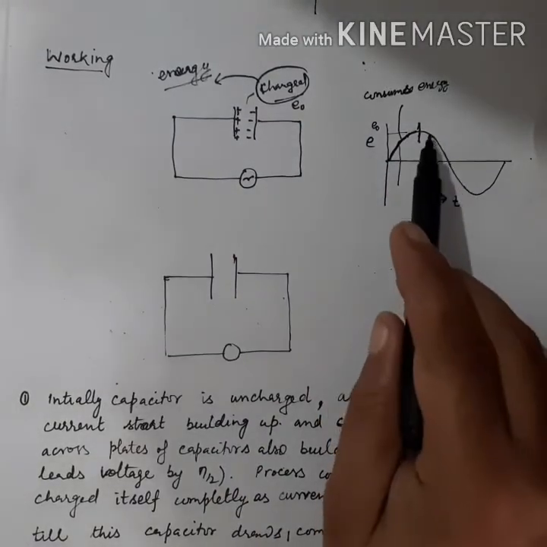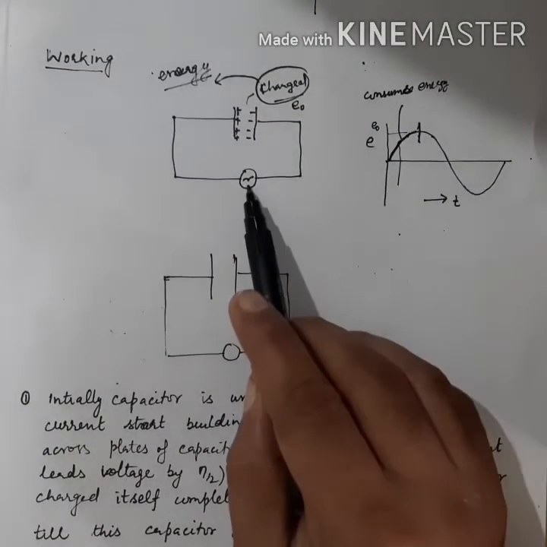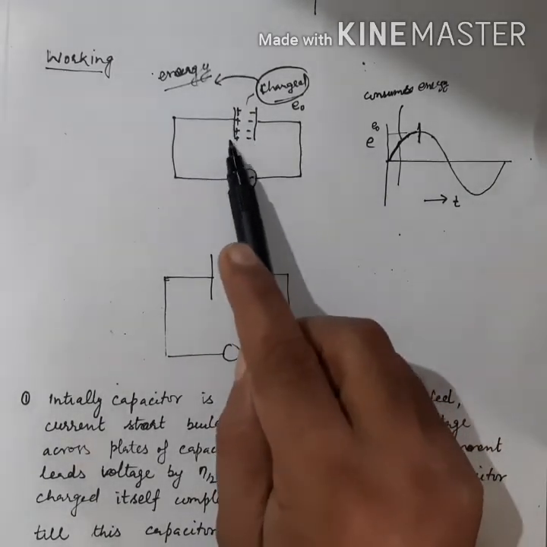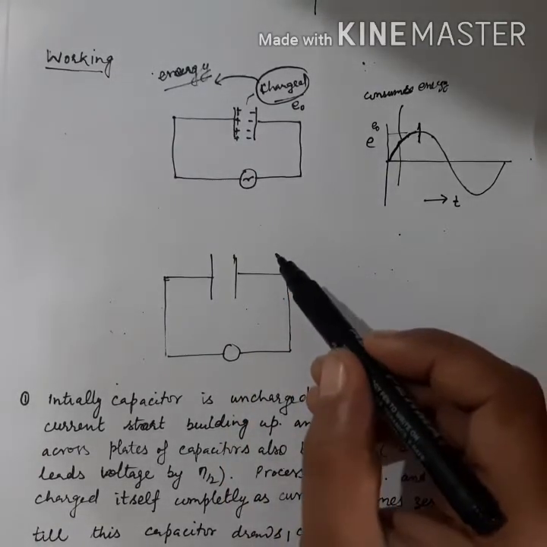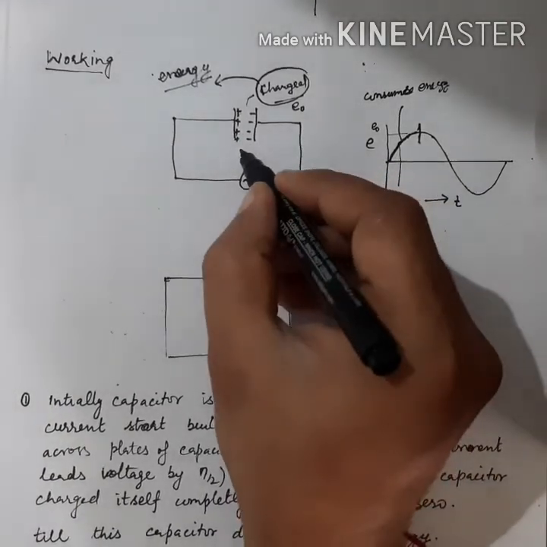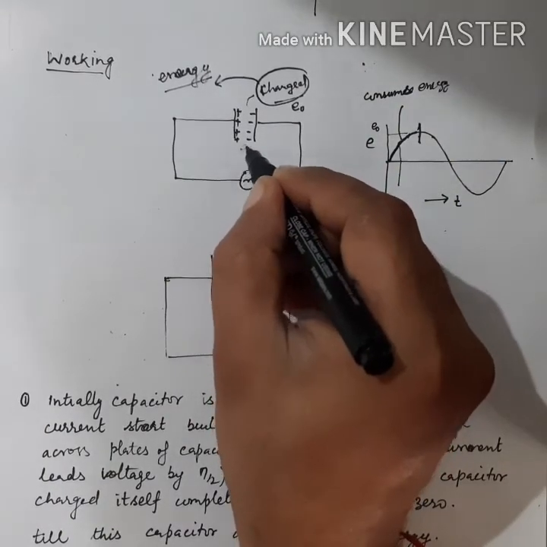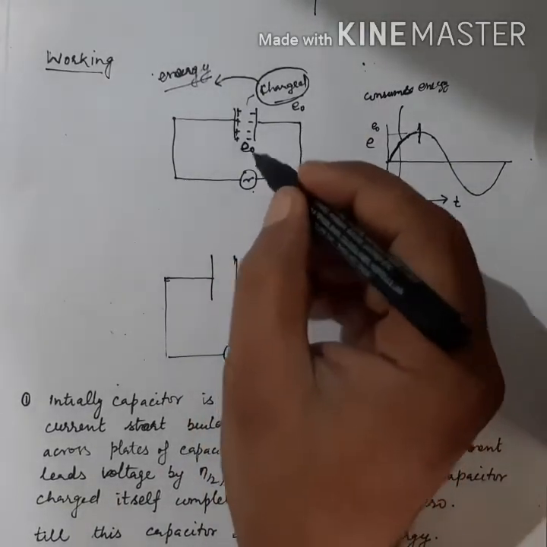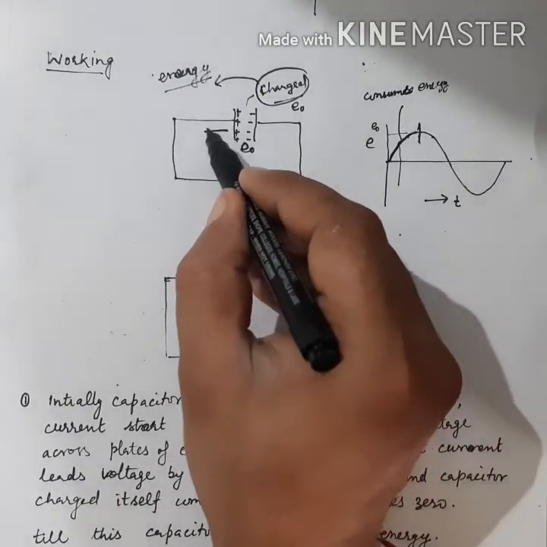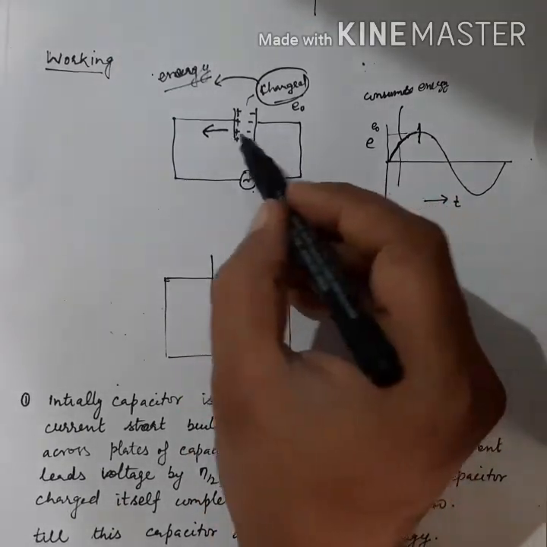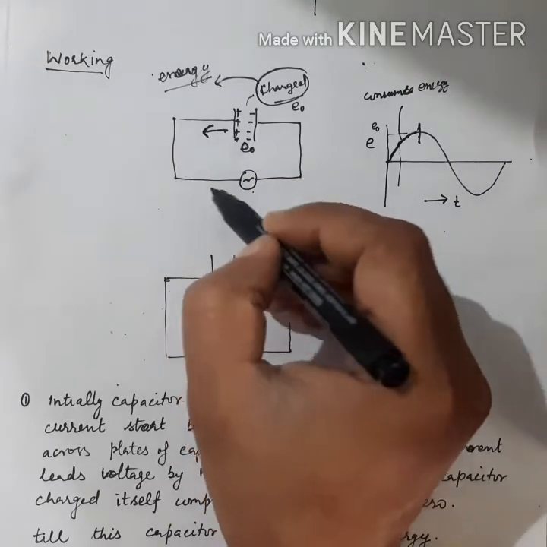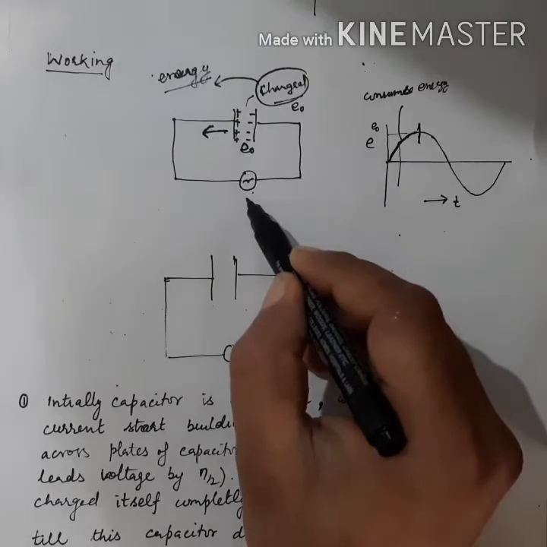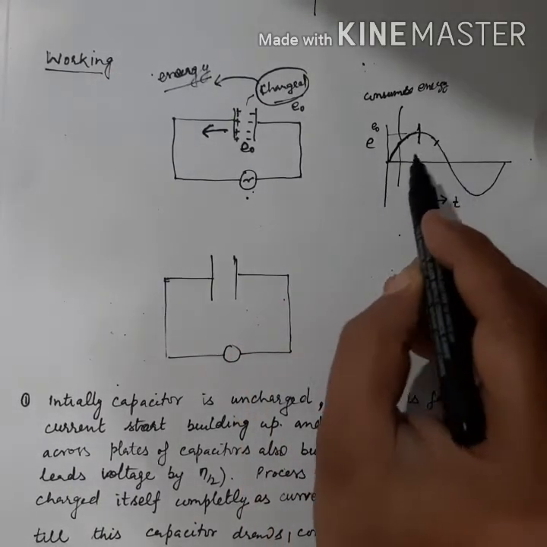Now as the power supply decreases its voltage, the voltage across this capacitor decreases. But the voltage across this capacitor is E naught, while the supply voltage has decreased. So now this capacitor supplies the energy, that is it supplies the charges to maintain the same potential, because here the potential has decreased.